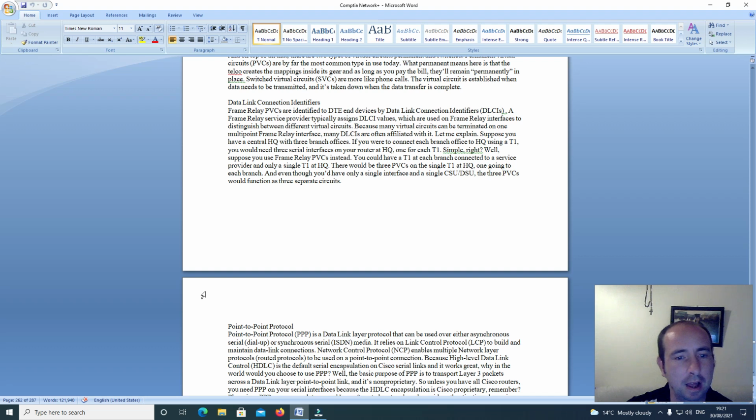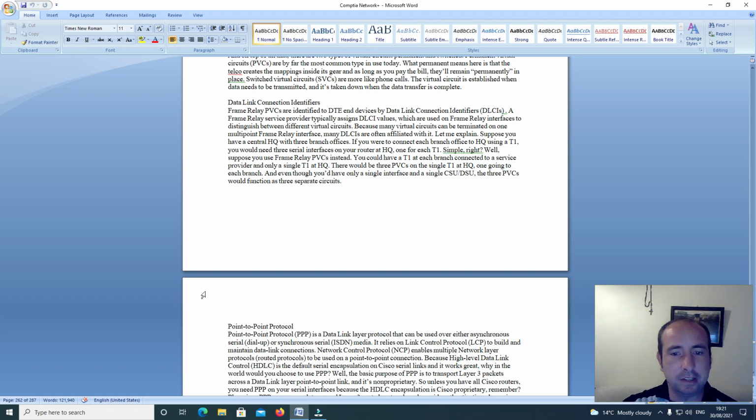Suppose you have a central HQ with 3 branch offices. If you were to connect each branch office to HQ using a T1, you would need 3 serial interfaces on your router at HQ, one for each T1. Simple, right? Well, suppose you use frame relay PVCs instead.